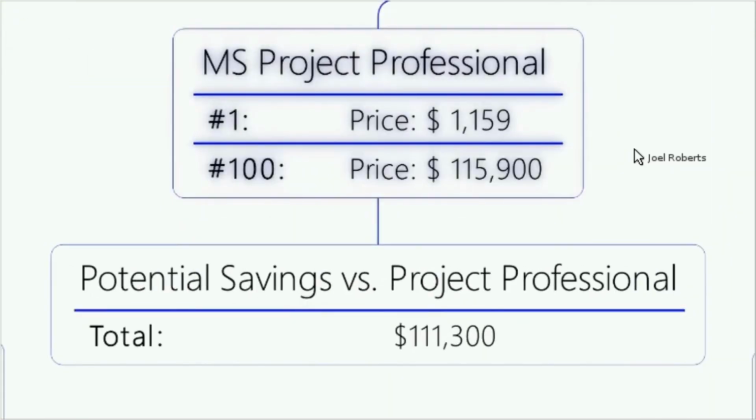Okay, so the cost saving, instead of giving everybody Microsoft Project Professional, would be huge. But the most important thing is that you would have a really important optimization within the whole project management cycle and process itself, because you would increase security, you would increase productivity within the whole team.